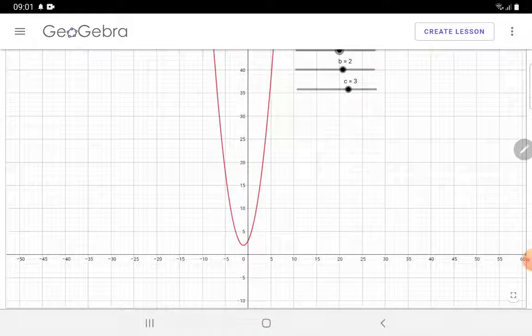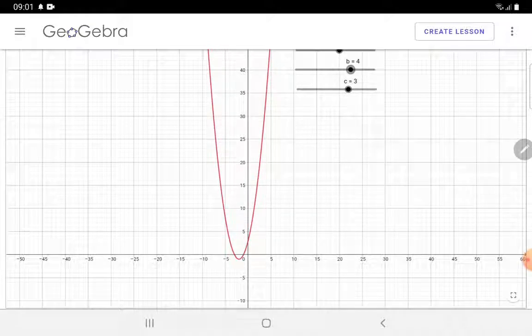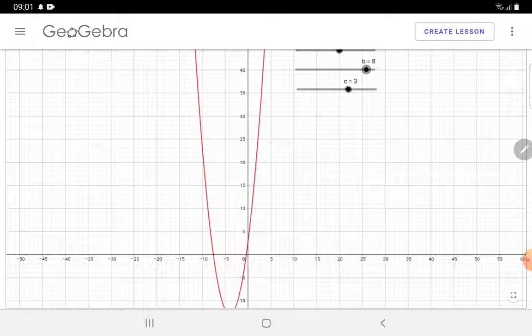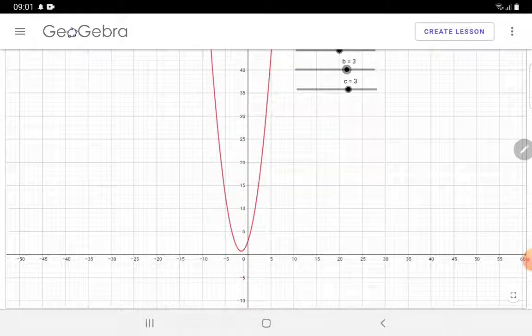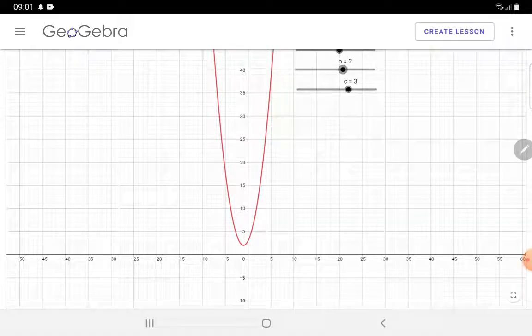So that is case a. How about b? Our b now is 2. Let's drag it to the right. You see, the graph moves. Before, the graph maintained the same shape, just the width changed, right?